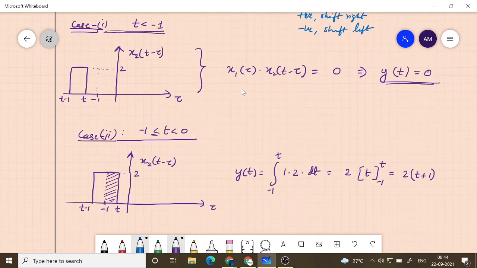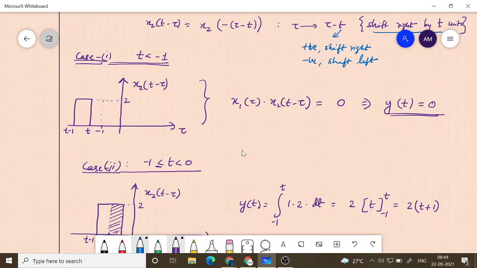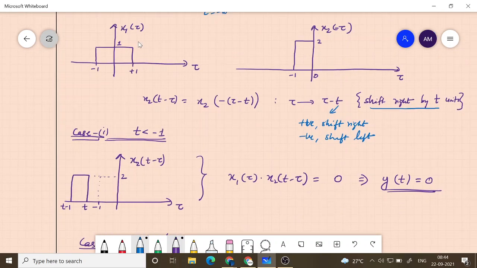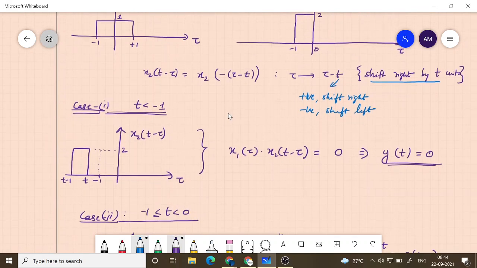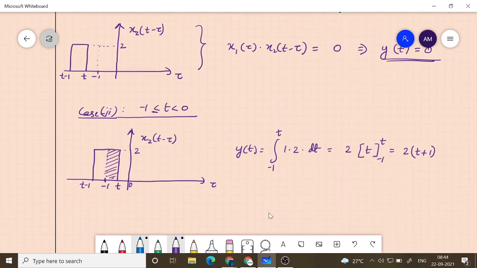Because over the entire region from -1 to 0, you have 2 for x2 of t minus tau, and for x1 of tau it is 1. So 1 into 2 is 2, and the width is 1, height is 2, so when you integrate, you will get 2. So this is valid even including 0. From -1 to 0, this expression is correct.